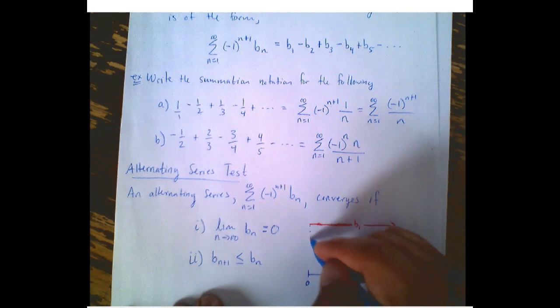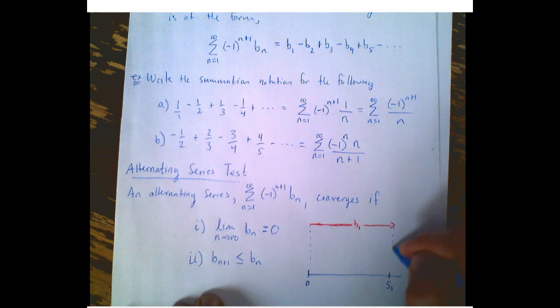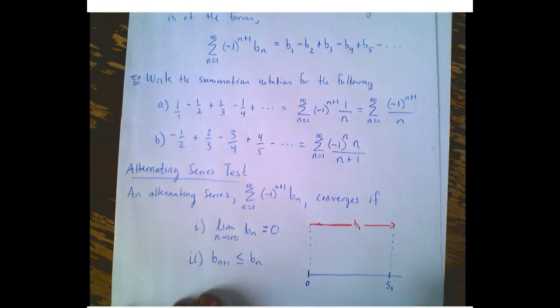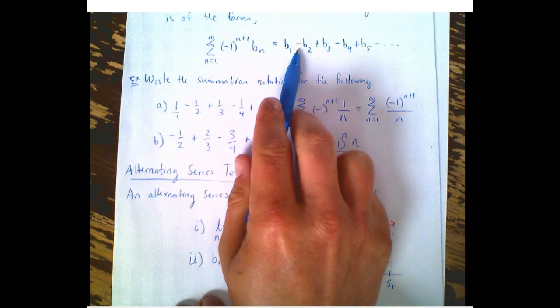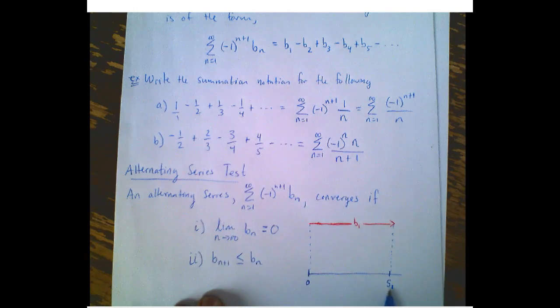Now, the second term in the series is negative, right? So we're going to take some away from this first partial sum to get the second partial sum. Now, in order for us to see convergence, if we follow both of these properties, the next term in the series is going to be some smaller value than the previous term. So b2's magnitude is going to be smaller than b1.